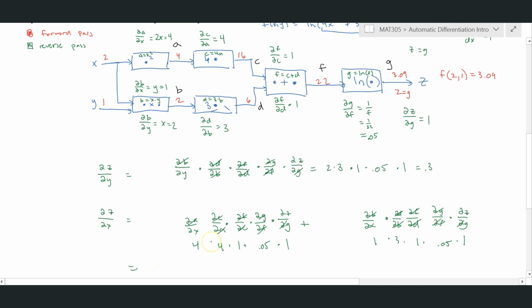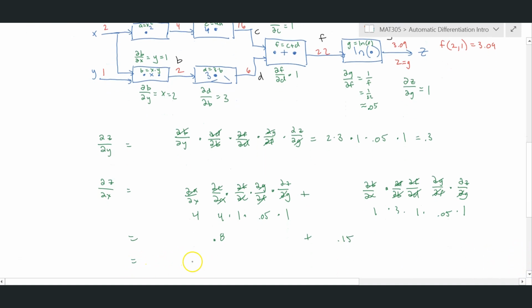So here we get 16 times 0.05, which comes out to 0.8. We get 0.8 plus, and then here we just have 0.15. So we should end up getting 0.95. And so there is our partial derivative with respect to y, is this value, 0.3, and then dz dx is equal to 0.95.